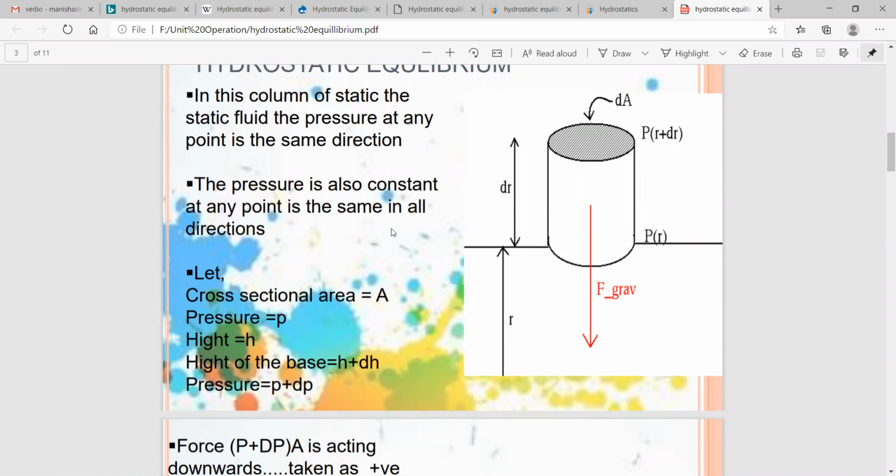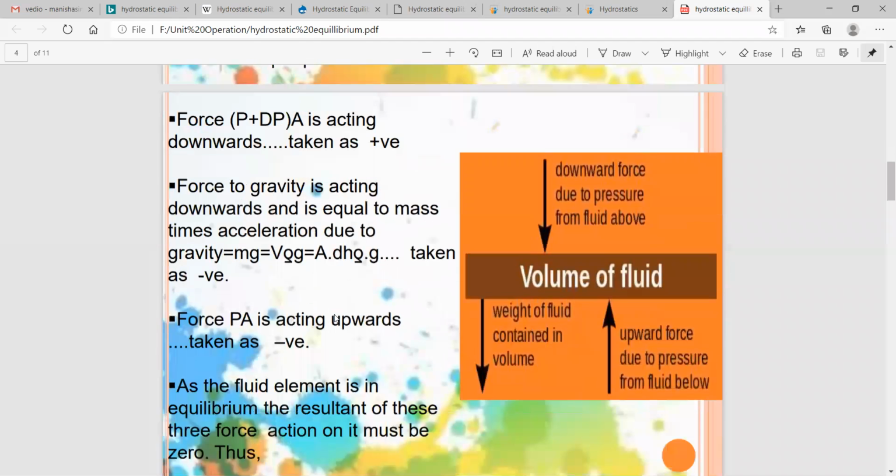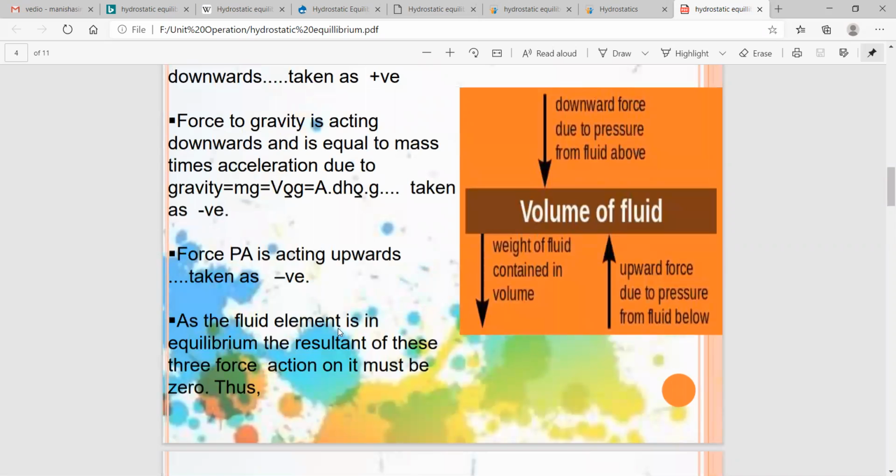Let the cross-sectional area be A, pressure P, height H, and the height of the base H plus dH, with pressure P plus dP. Force is equal to pressure into area. P plus dP times area acts downwards, taken as positive, and the force of gravity acts downwards and is equal to mass times acceleration due to gravity, mg equals V rho g equals A dH rho g, taken as negative.